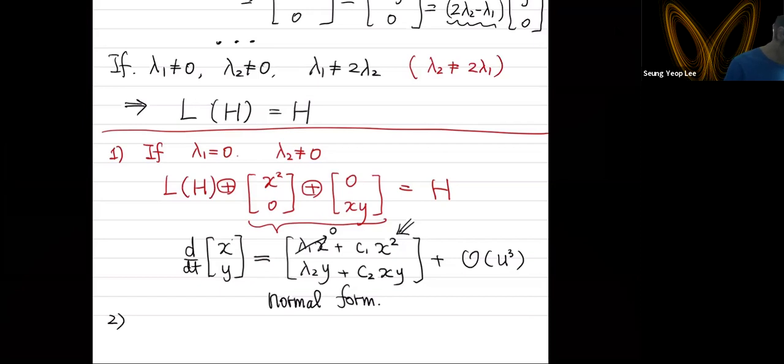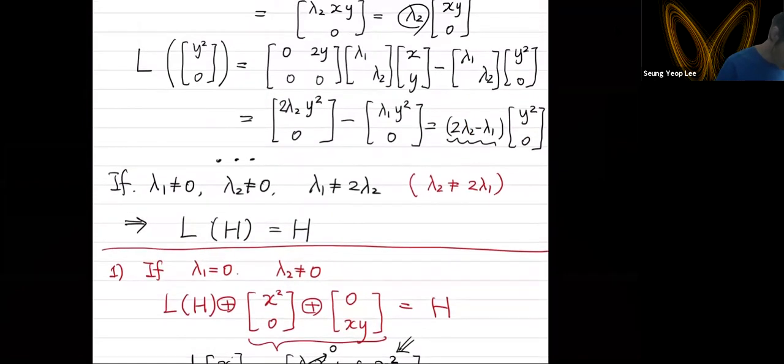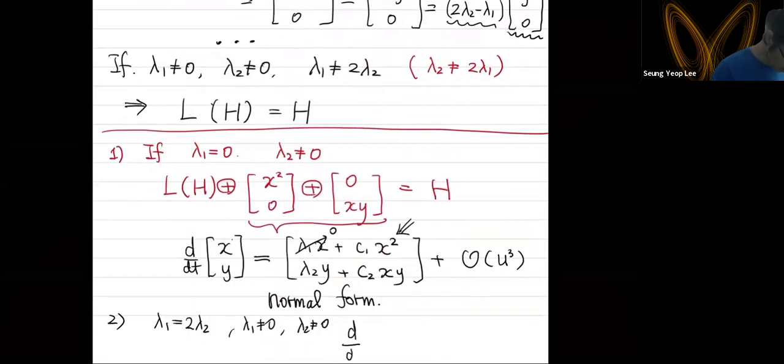So when lambda 1 is equal to 2 lambda 2, where both are non-zero. Yeah, actually, these 2 cases cover everything, right? By symmetry. The only thing missing in this case is this one. Oh, yeah, I can finish.